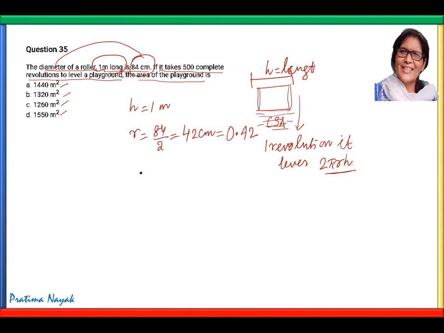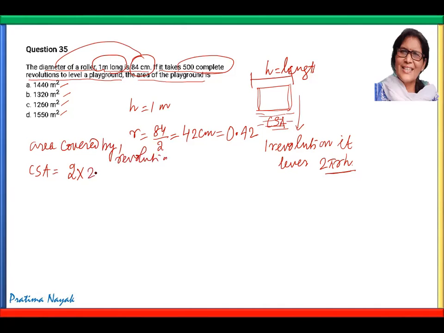Next, it is revolving 500 complete rotations. So it will cover 2 pi r h into 500. So first I'm getting 2 pi r h, the curved surface area, the area covered by one revolution.